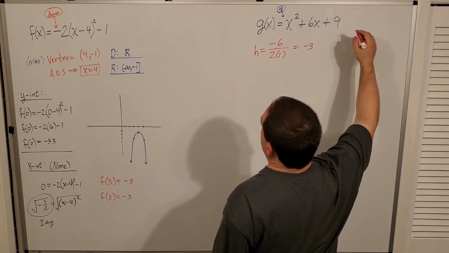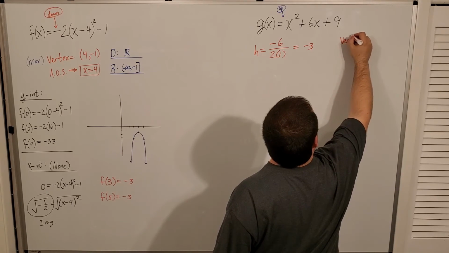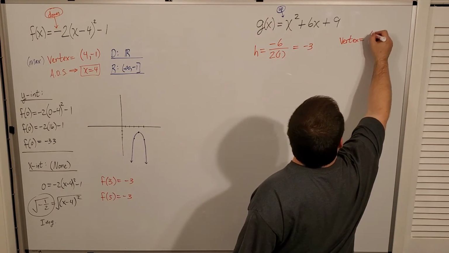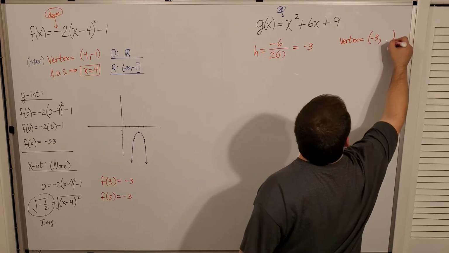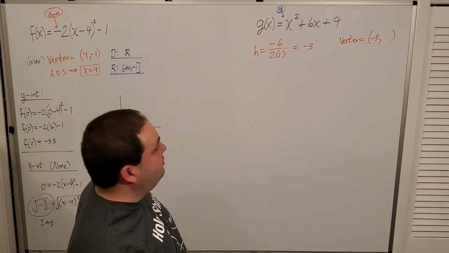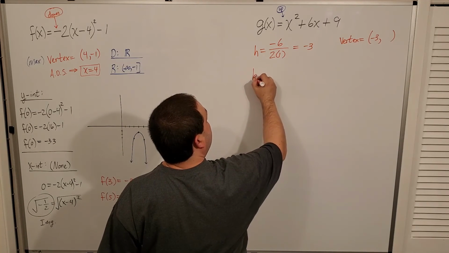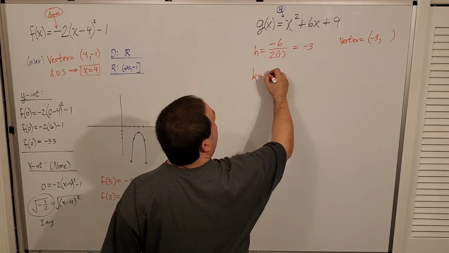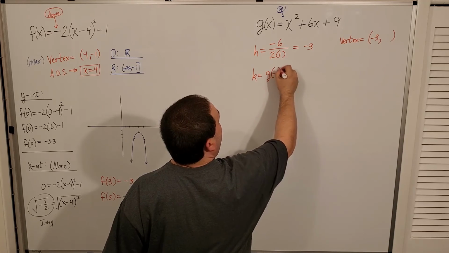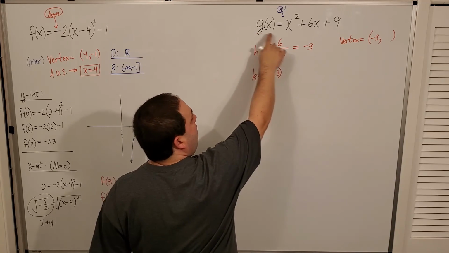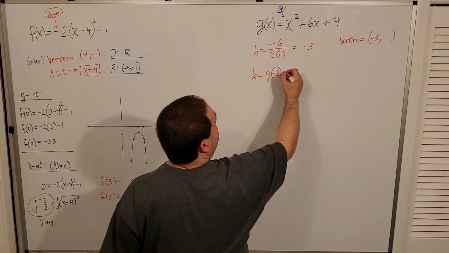So far what this is telling me is that my vertex is the point where negative 3 is the x value. That's what h is. Now remember, the other part of that calculation, k, is that I do the function with the h value plugged in. So in this case, that would be g of negative 3.